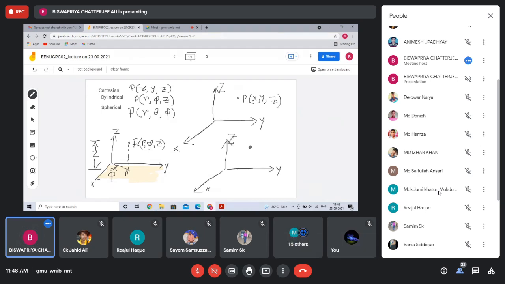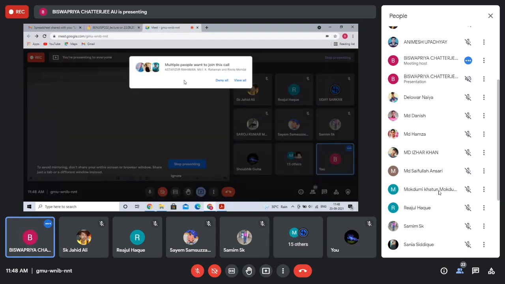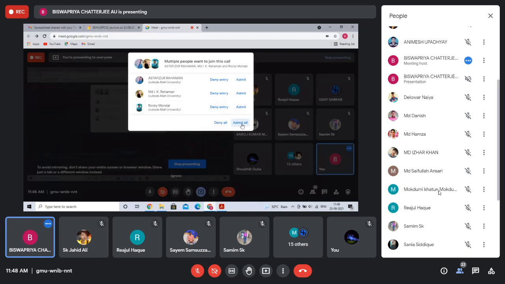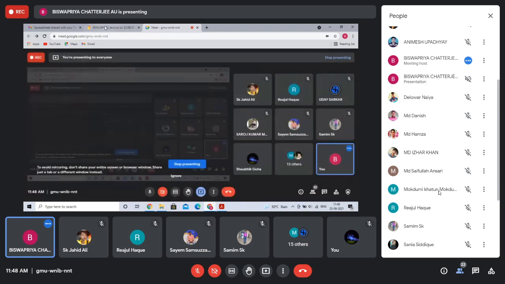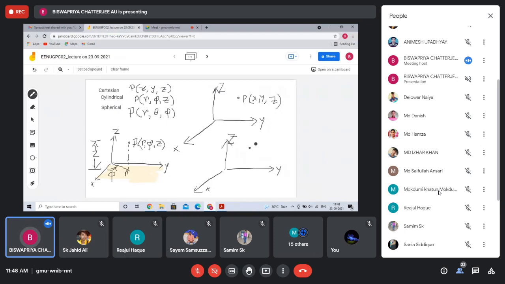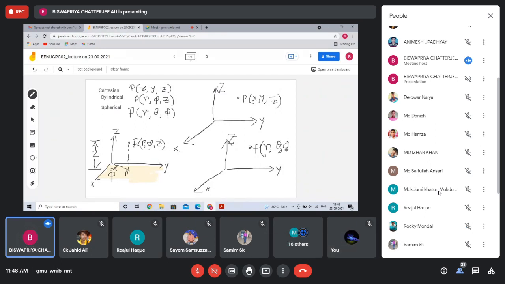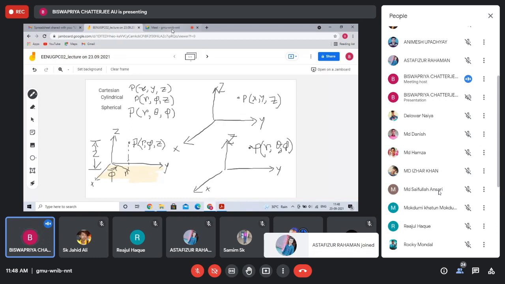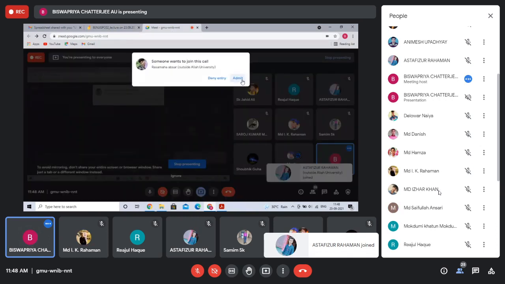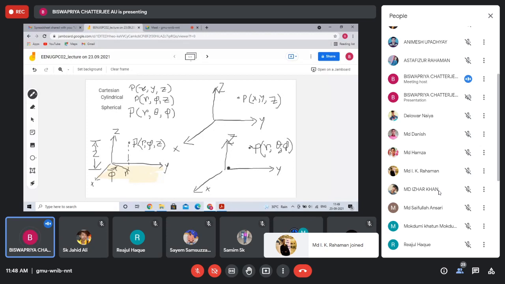In the spherical system, it is R theta phi. We directly connect the origin to the point, and that is R. The angle between the positive z-axis and R is theta.